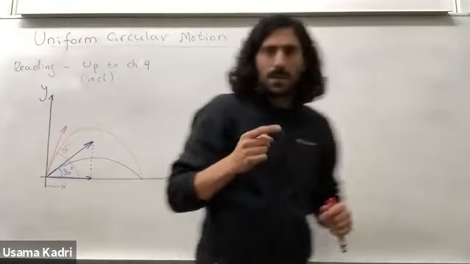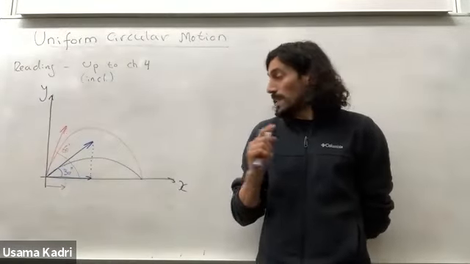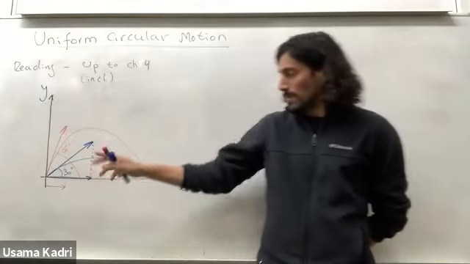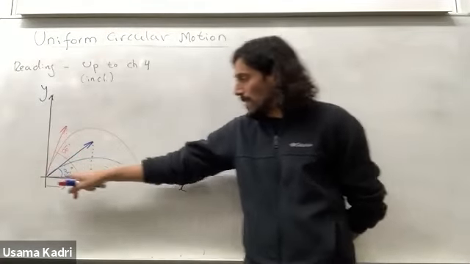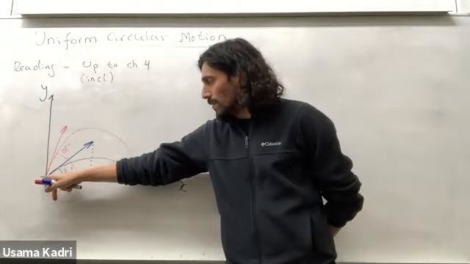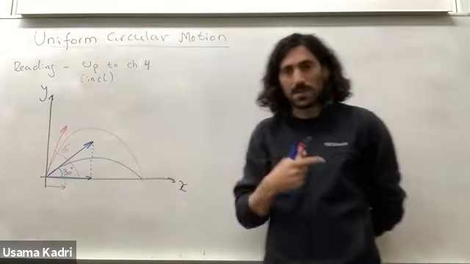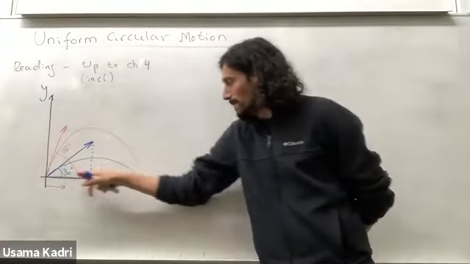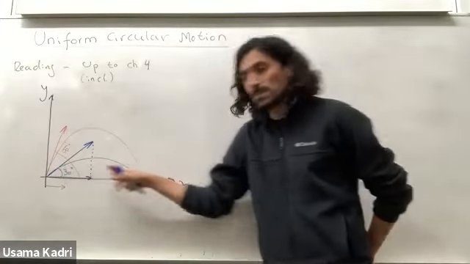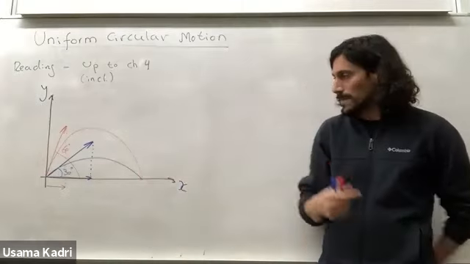Now, think about it like this: in the two cases, they will have to go from left to right. Now we're talking in the x direction, so it's the same. It's the same distance, right? It's OS. It's the same distance.